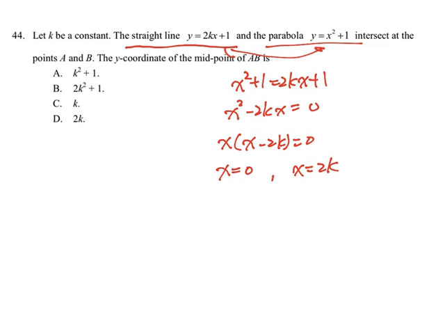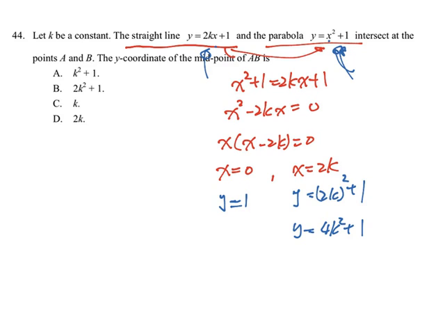After we get x, we need to find y. You can substitute here or here; this one seems easier. When x is 0, y is 1. When x is 2k, y is (2k) squared plus 1, so it's 4k squared plus 1.